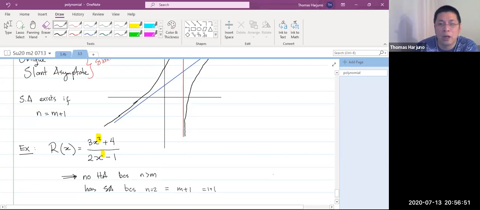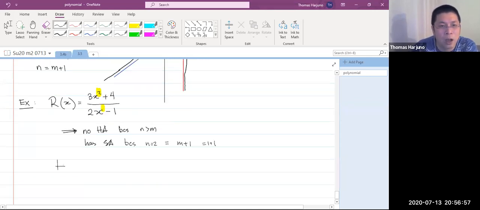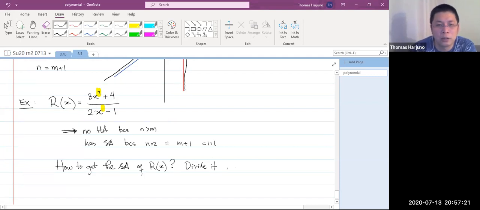Okay, and how to get the slant asymptote? Once we know there's a slant asymptote, how do we get the slant asymptote of a rational function? The answer is divide it and get the quotient without the remainder.